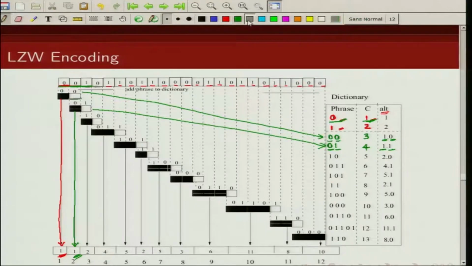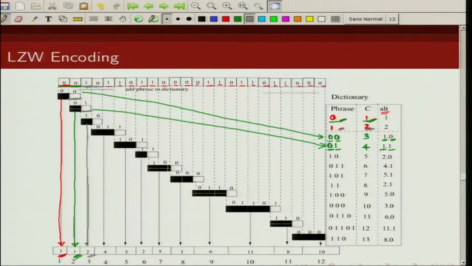So we are at this point here, 1. Now 1 0 is not there in the dictionary, so we are only going to encode 1. And 1 corresponds to code word 2. So this will be code word 2. So far we have encoded 0 0 1, that is code word 1, code word 1 and code word 2.